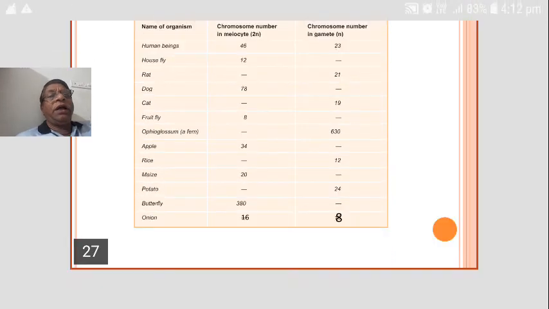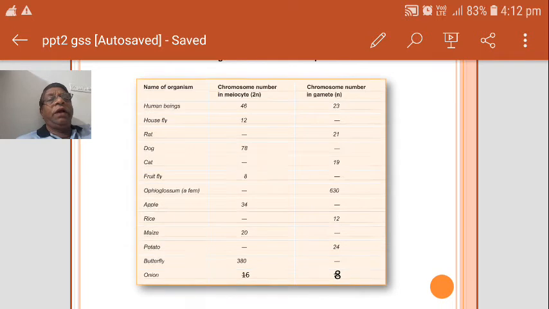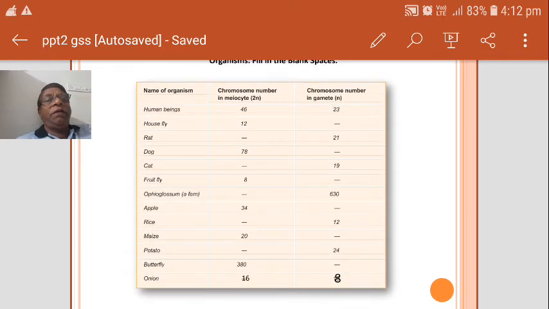Okay. Now I am showing a table. You see the table? Very important table for NEET or CET examination. One question is definitely appear. Okay. In the table, the first column is name of the organism.